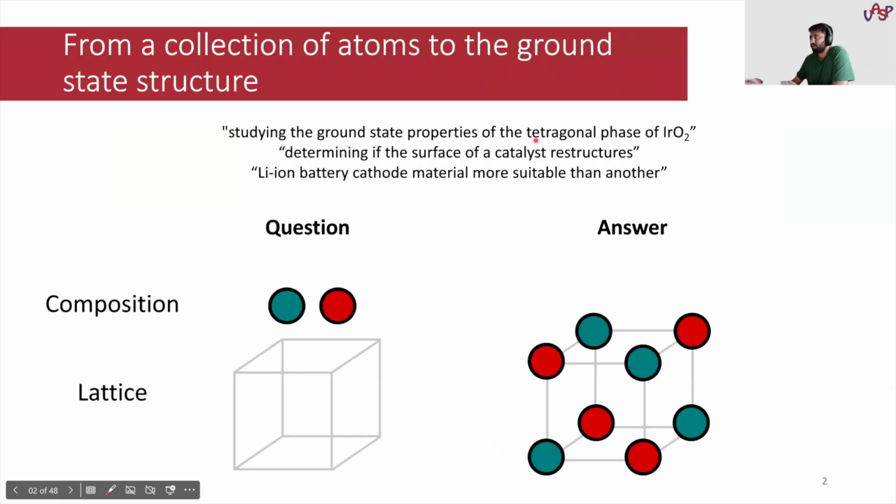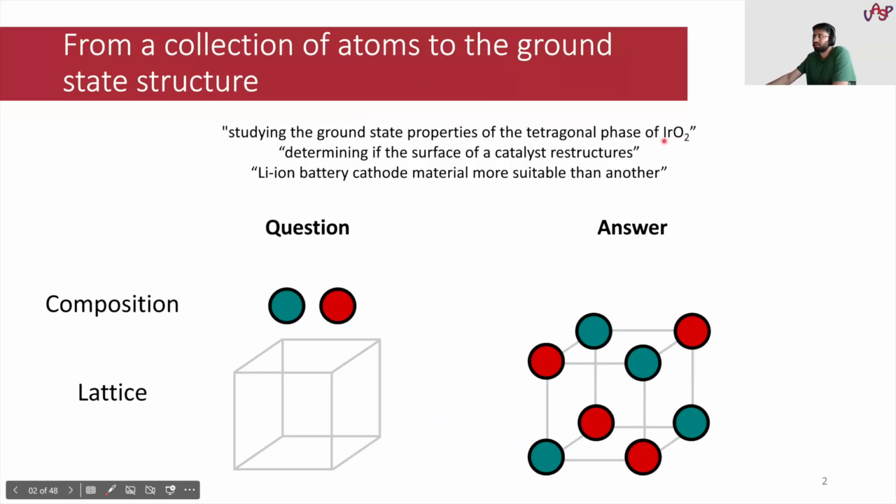So let's start at the very basic. The questions that a lot of people in material science, chemistry, or otherwise want to investigate are those of material properties. I think these are a couple of common questions that I typically come across. This typically involves the idea that you want to study the ground state properties of some sort of phase or otherwise of a certain material.